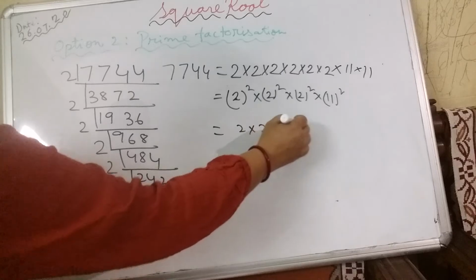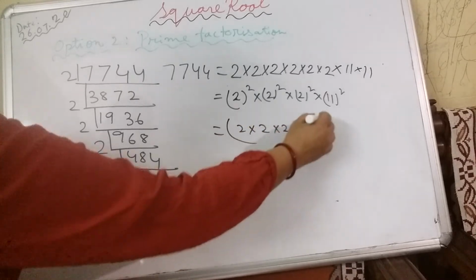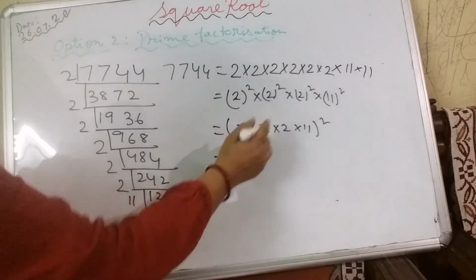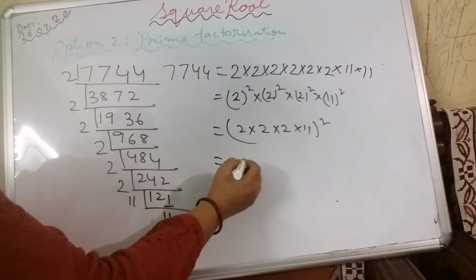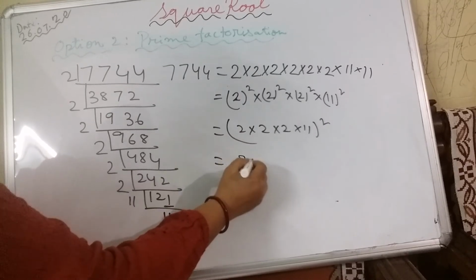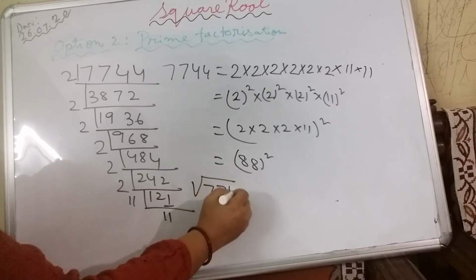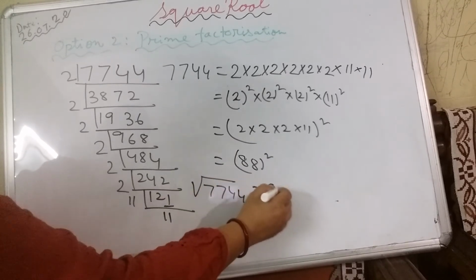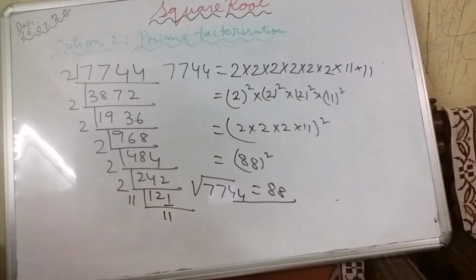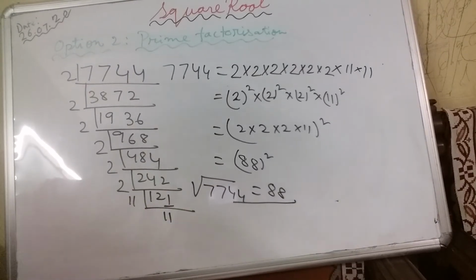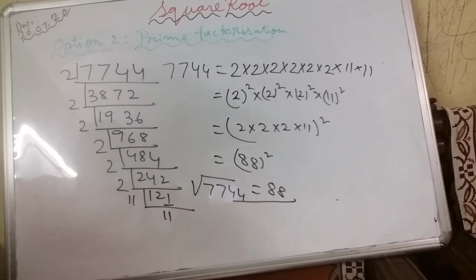So you can write it as 2 2s are 4, 4 2s are 8, 8 11s are 88. So the square root of 7744 equals 88. This way you can find the square root easily.